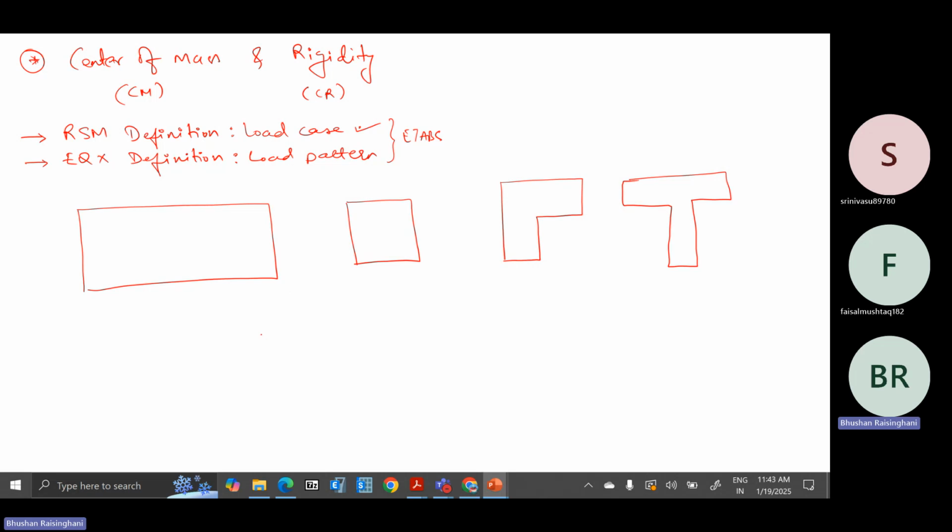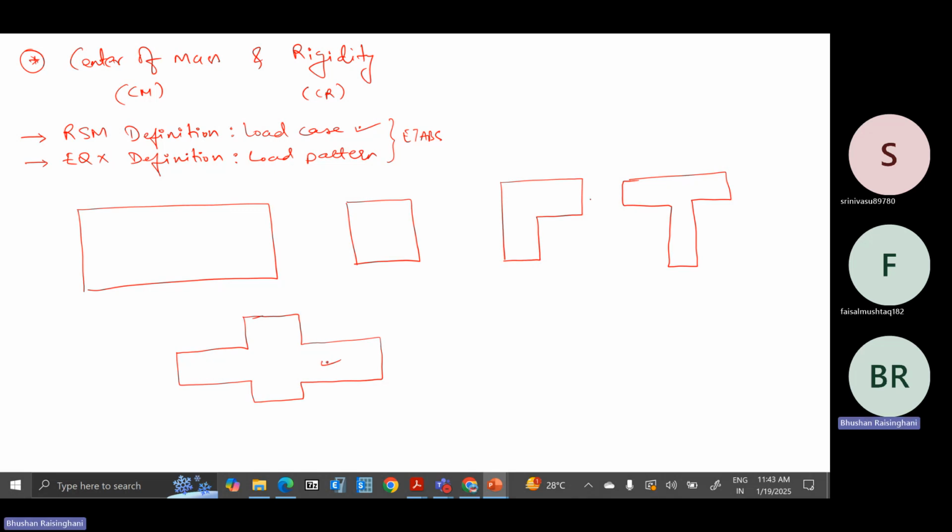And there is a new concept in the market in which the buildings are mostly I-shaped. So it will be more like this. Many buildings are right now having this shape in Mumbai.